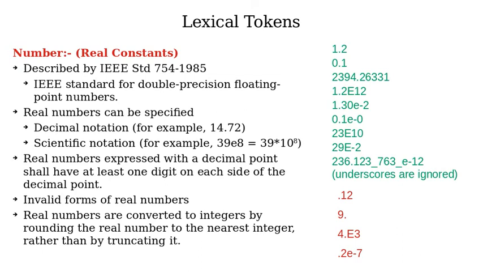Therefore .12 is illegal. 9. is illegal. If we put 9.0, then it will be a legal real number. Real numbers are converted to integers by rounding the real number to the nearest integer, as per mathematical rules, not by truncating it.